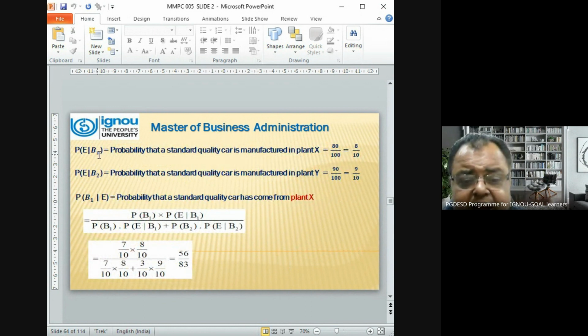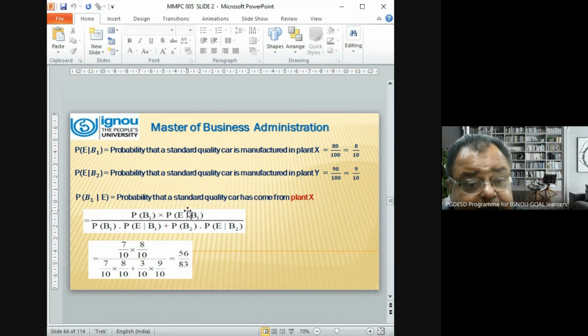A standard quality car was drawn from the lot. The probability has been asked that it has been manufactured by plant 1. So this is the probability it has been manufactured by plant 1. Under what condition?